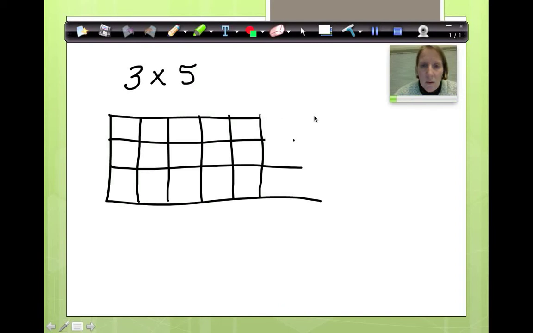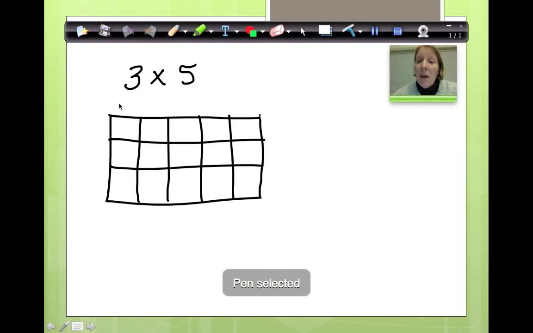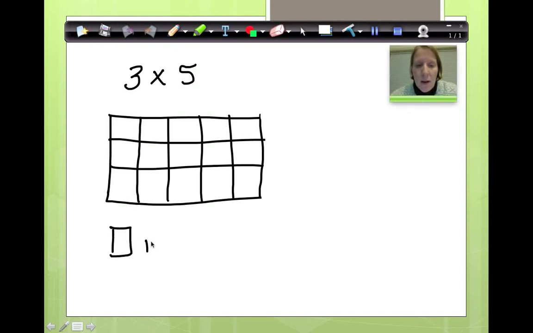Here we go. Now I'm going to say each one of these tiles is 1 square inch. These are 1 square inch tiles.